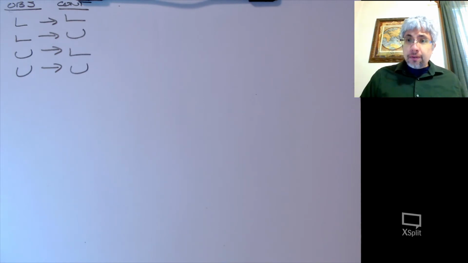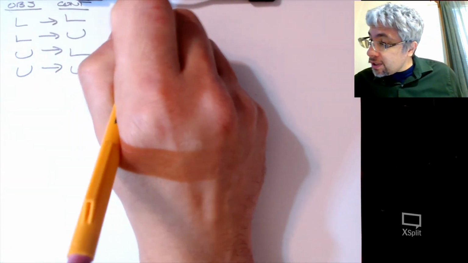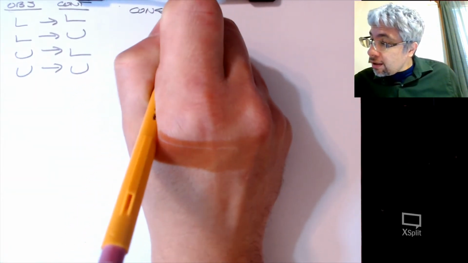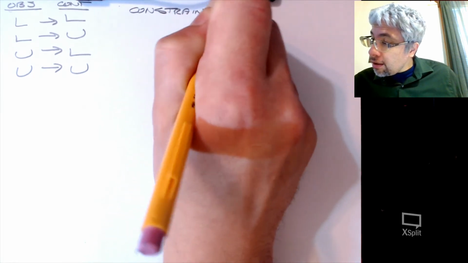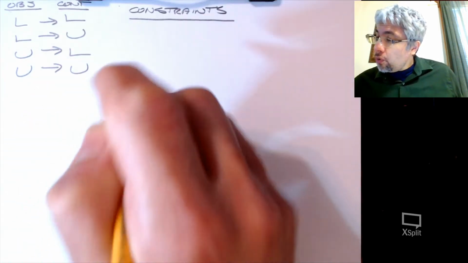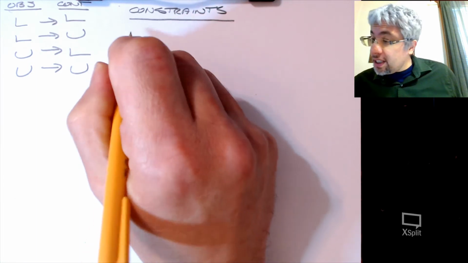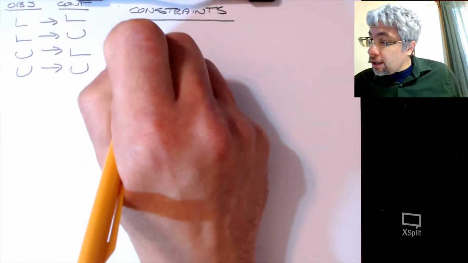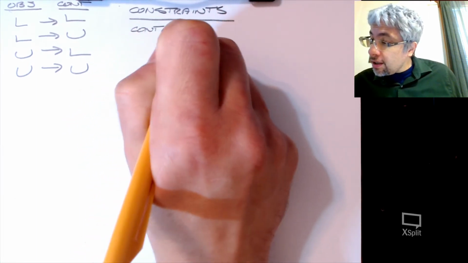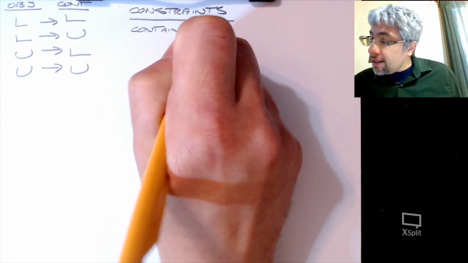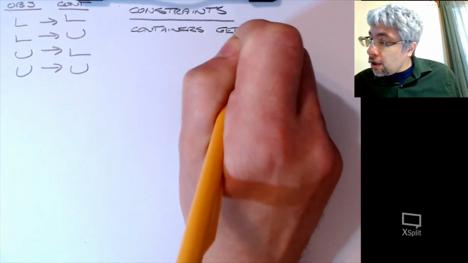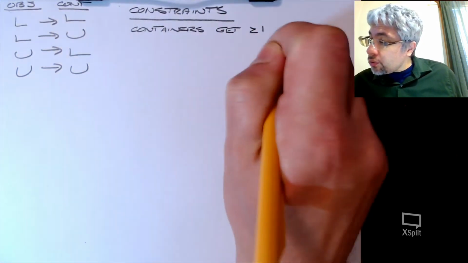So we might also have an extra constraint. So we have 3 constraints. We could say no empty, or we could say each container gets greater than or equal to 1 object.